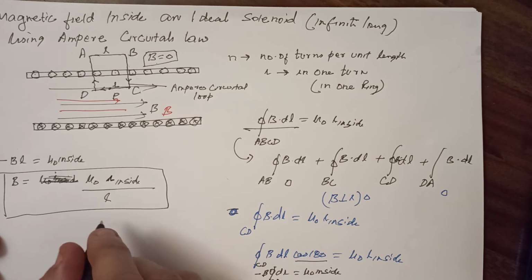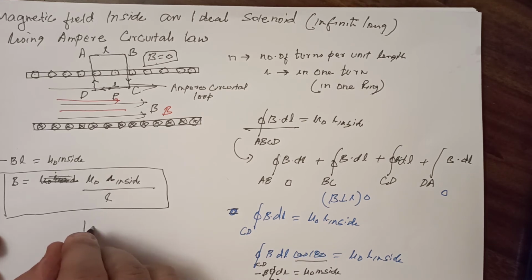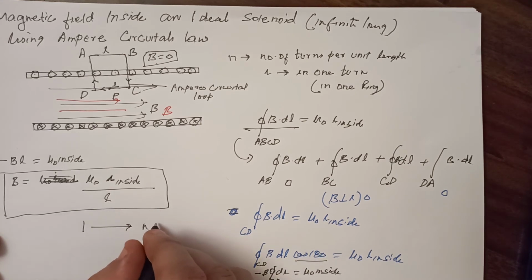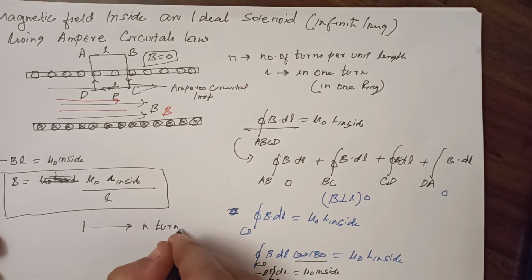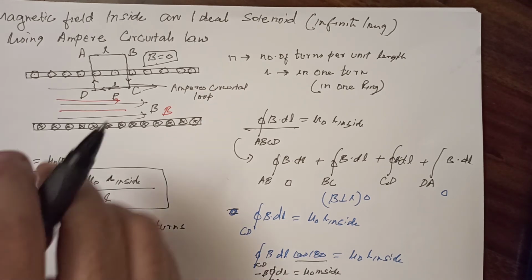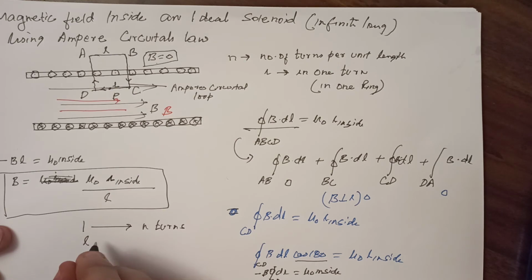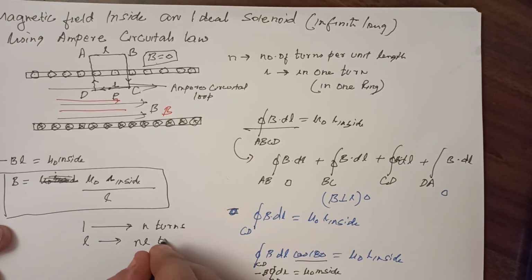We just know that in one unit length we have n turns, right? This length is L, so in L there would be nL turns.